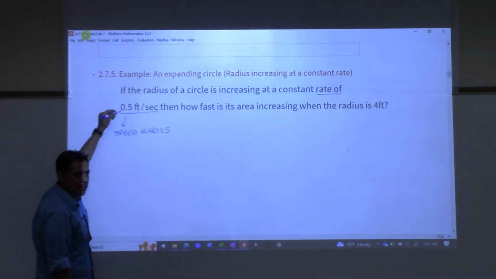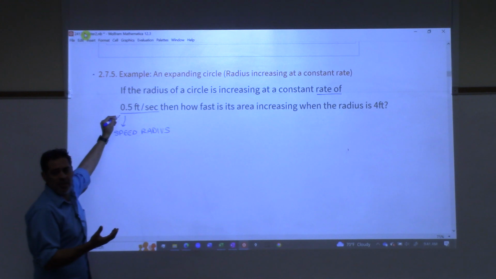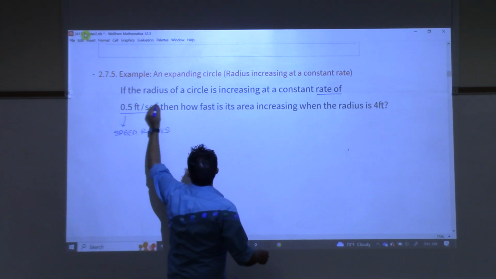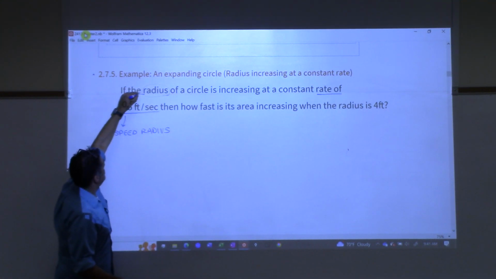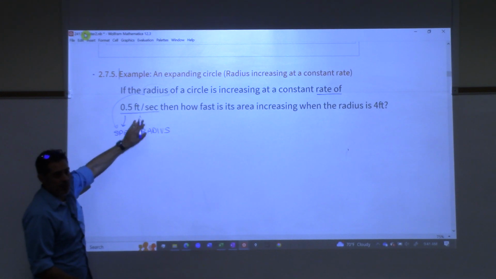They're giving you the rate of change of something. The derivative of what, though? 0.5 feet per second is how fast what's changing? The radius, right? So the radius is changing. The speed of the radius is this.